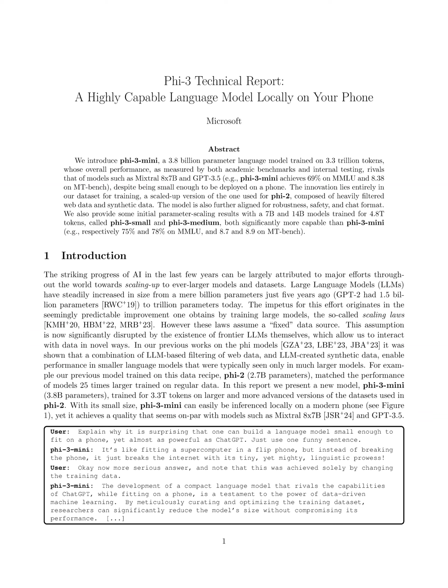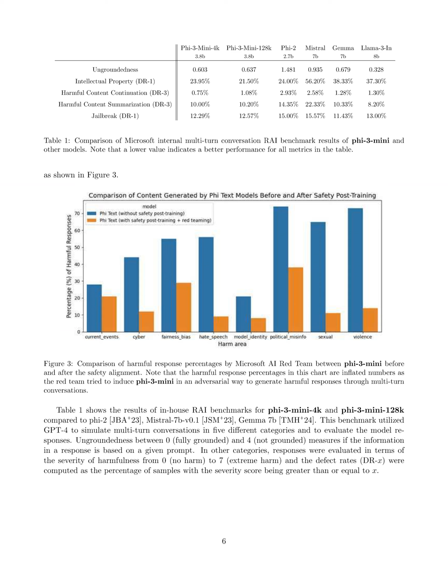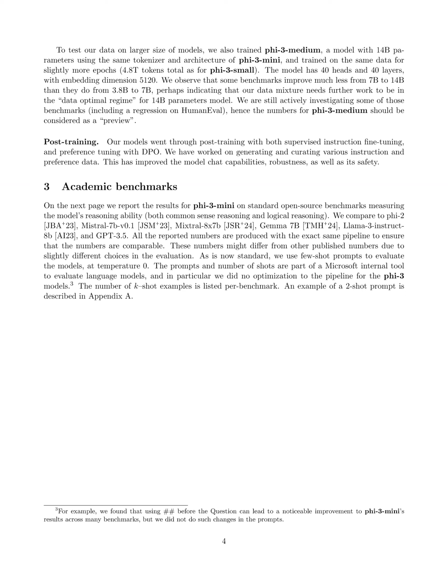Firstly, despite its smaller size of 3.8b parameters, Phi-3 mini achieves performance on par with larger models due to its innovative training methodology that focuses on data quality rather than sheer scale. This approach allows Phi-3 mini to match the performance of models 25 times larger trained on regular data.